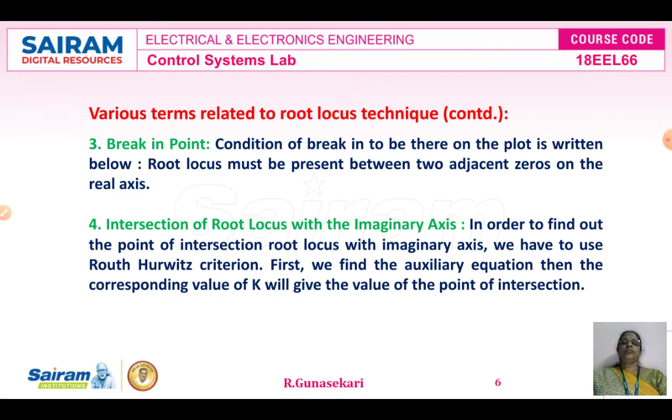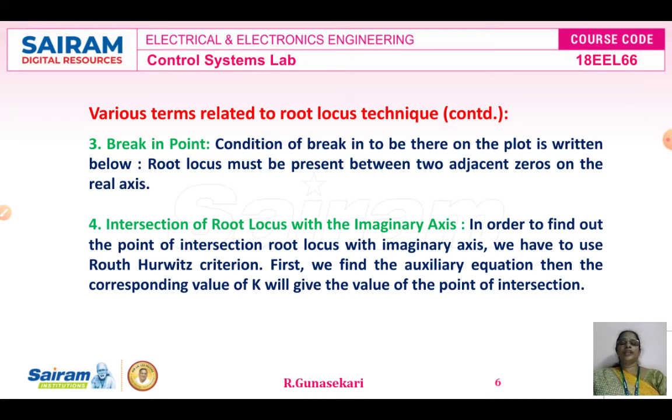The third one is the break-in point. The condition for break-in to be there on the plot is written below. That is, the root locus must be present between two adjacent zeros on the real axis. The last term related to the root locus technique is the intersection of root locus with the imaginary axis.